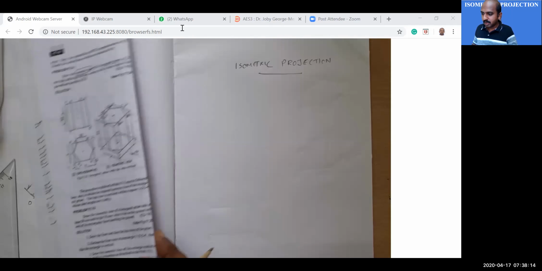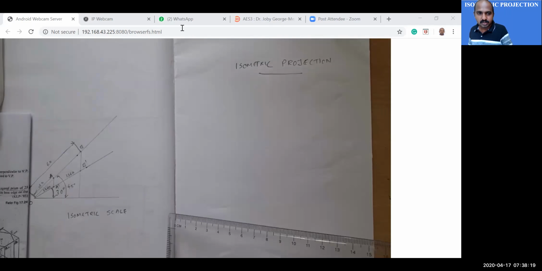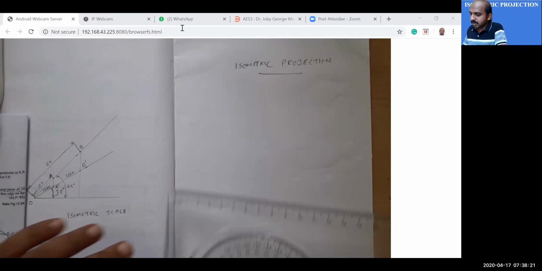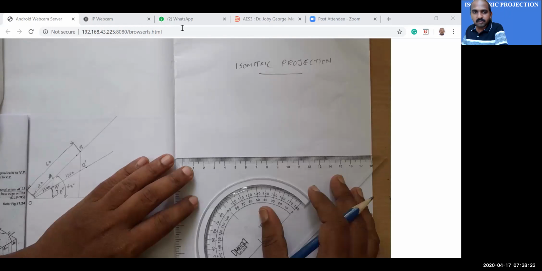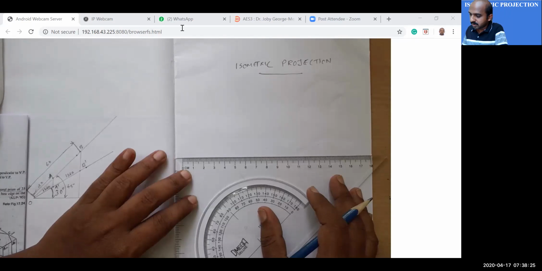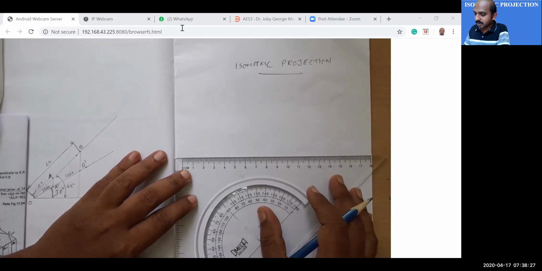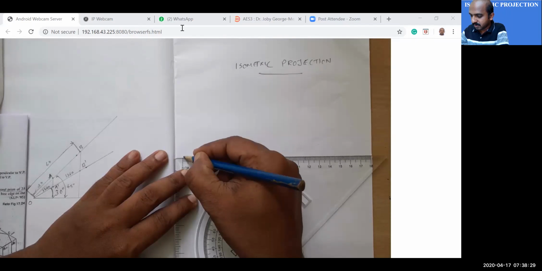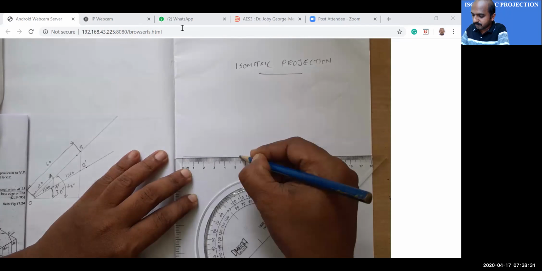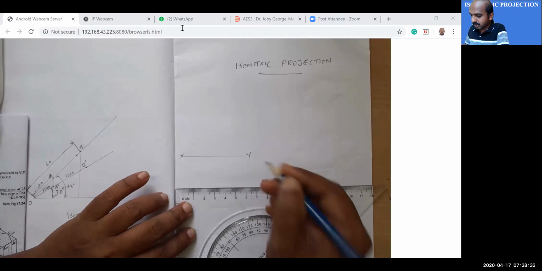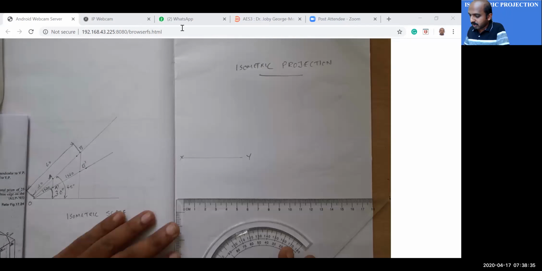Once you have completed the isometric scale, first you draw the front view and top view. Even if the question is isometric projection or view, first you draw the front view. So you draw the xy line, then complete the front view and top view.